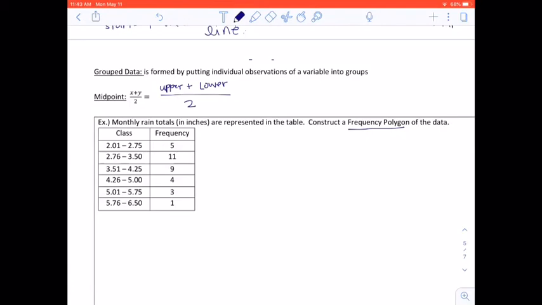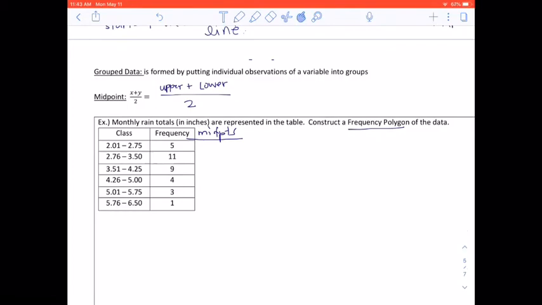So in order to get midpoints, we are going to go ahead and make another column. And to find our midpoints, we are going to add together our lower bound and our upper bound and divide by 2. So see if you can do that on your own.